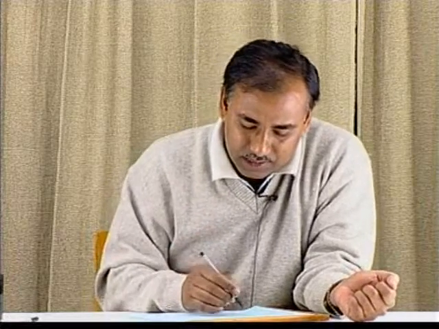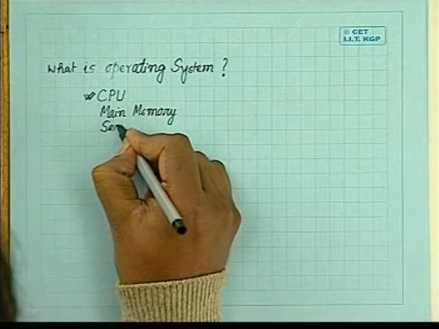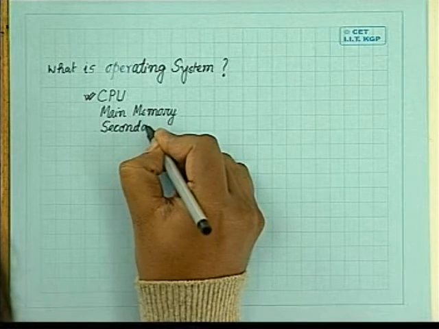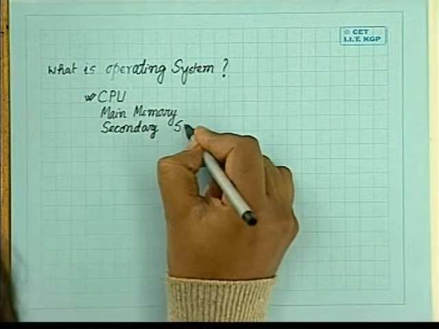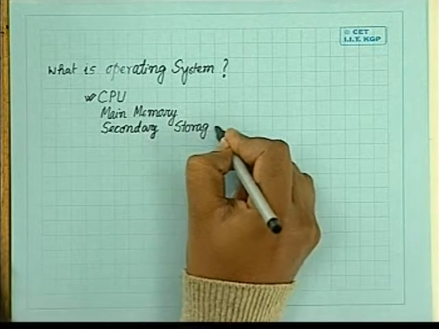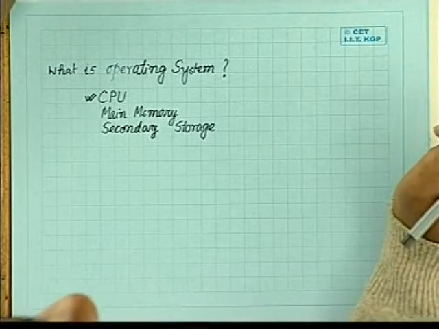Okay. Then the third category of resource that is present in a computer system is the secondary storage. This secondary storage consists of the hard disk that is present in the computer.